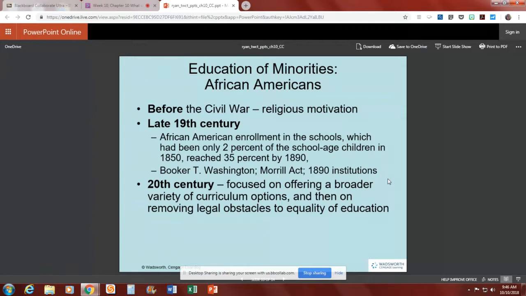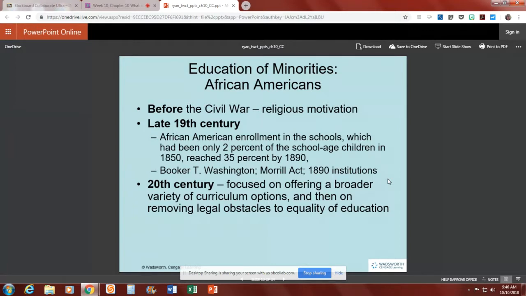The Morrill Act. This was something that happened in 1862, where the U.S. Congress passed legislation granting each state a minimum of 30,000 acres of federal land, with the understanding that the income from the rent or sale of these lands must be used to establish colleges for the study of agricultural and mechanical arts.